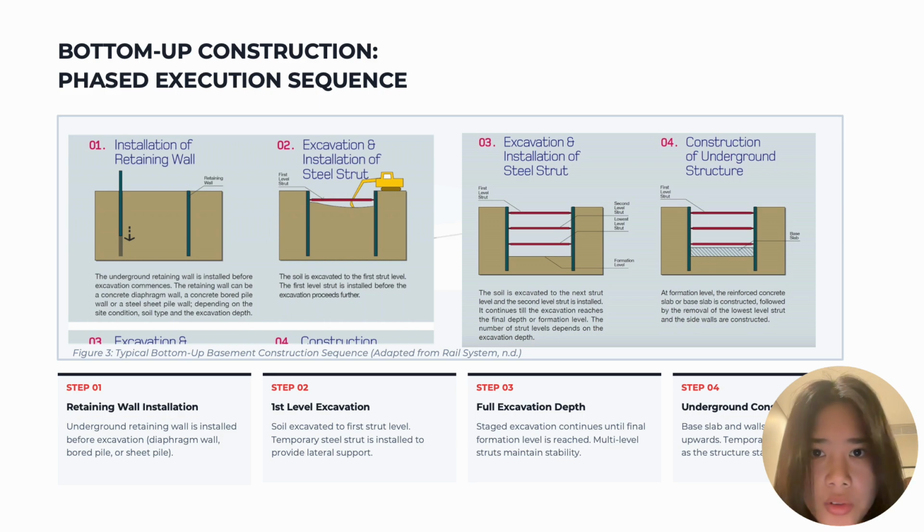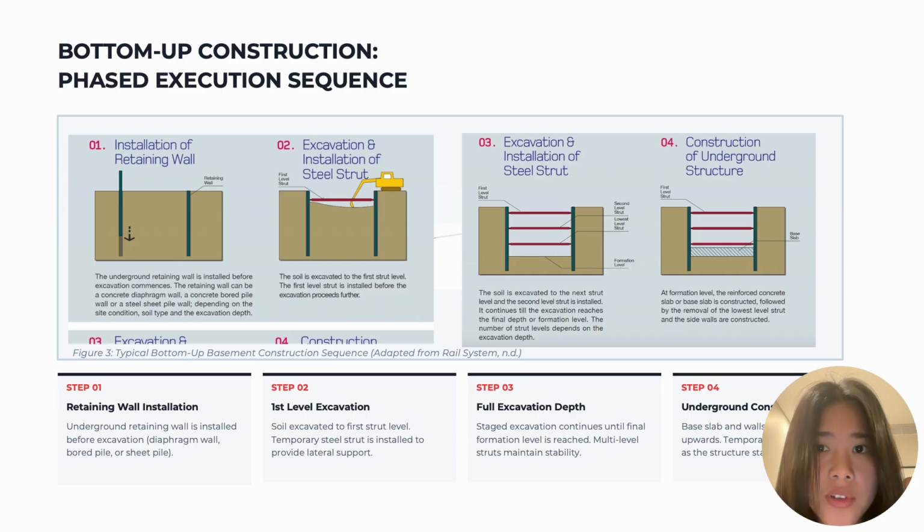This wall is used to support the surrounding soil and prevent collapse. Step 2 is excavation starts to the first level and a steel strut is installed. This provides temporary lateral support to maintain stability.